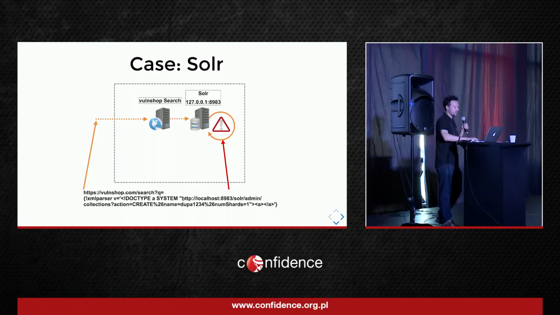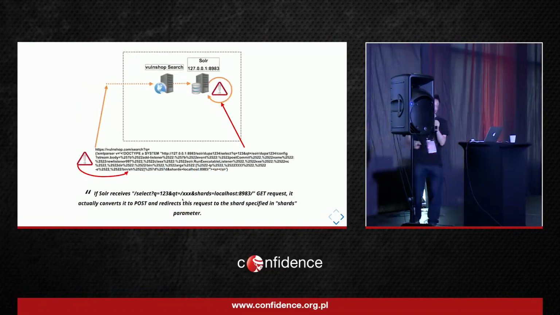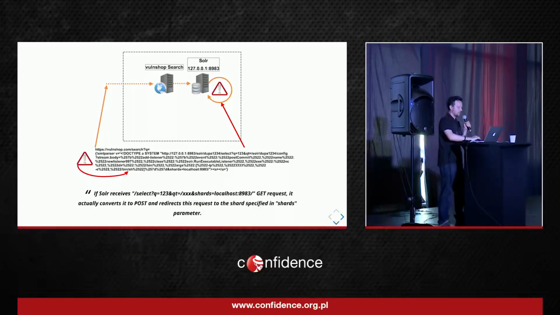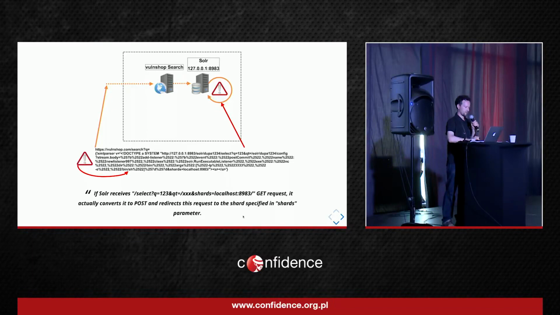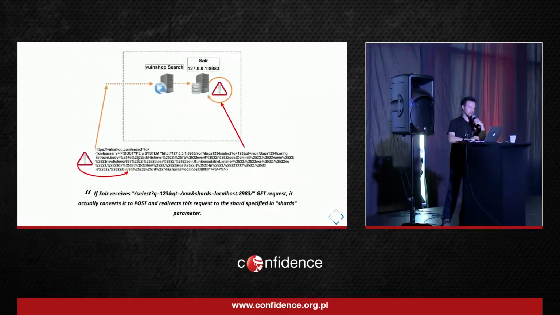And there is a little trick in Solr, and it looks like this. So if Solr receives something with this short parameter, it automatically converts this GET to POST. And how to pass body, so post body to this GET request, there is a special parameter, stream body, and this body goes here. So actually calling this post API using XXE looks like this.